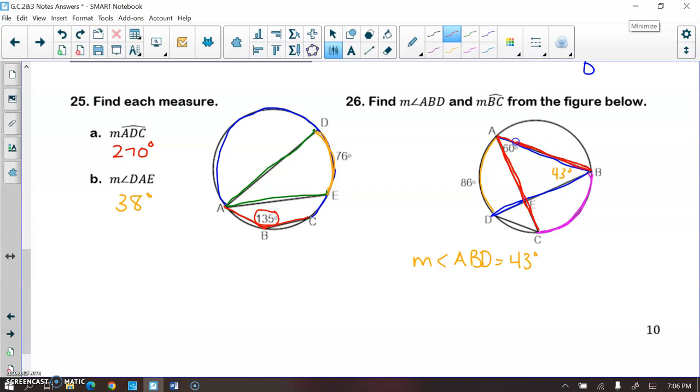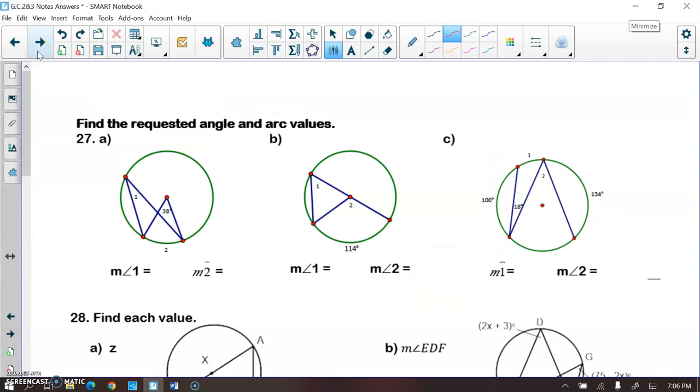The inscribed angle is half the measure of the arc, so going backwards, I would take 60 and multiply by 2, so I get that my arc is 120 degrees. So the measure of arc BC is 120 degrees. All right, moving on to the next page to practice some more.